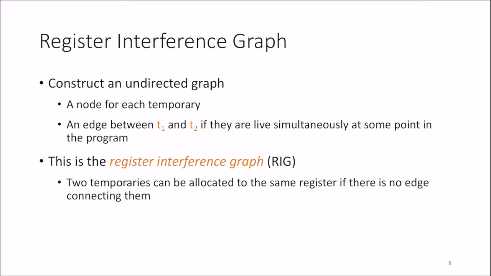So this graph is called the register interference graph. We construct this undirected graph. It has a node for each location or each temporary variable, and an edge between T1 and T2 exists if they're alive simultaneously at some point in the program, using this liveness analysis that we just did. So if two nodes, where each node is a location or a temporary, have an edge, then they cannot be allocated to the same register.